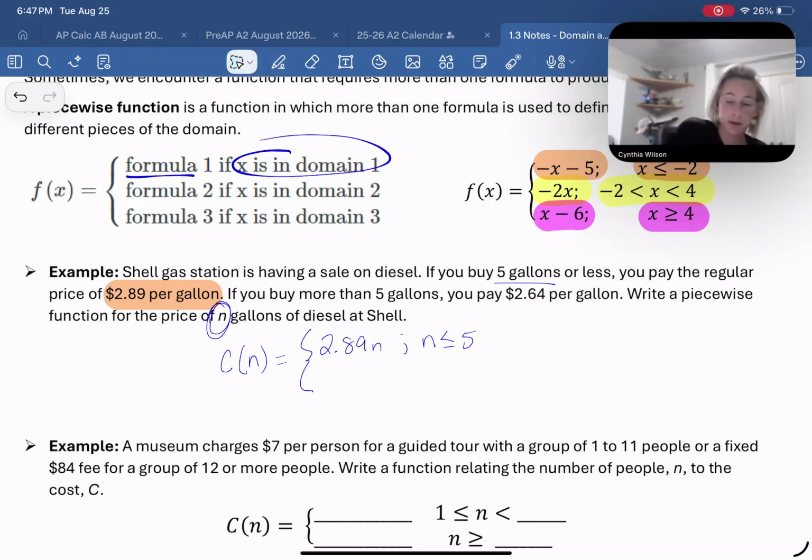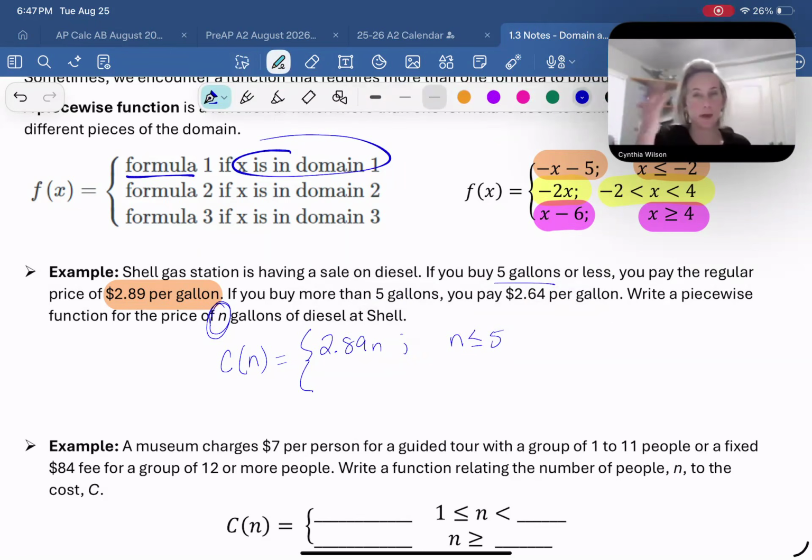And this is a weird one. You might need to give yourself a little bit more space. So remember when we were talking about how with word problems you have to think in context? This is a physical object, right? This diesel fuel exists. Can you have negative amounts of diesel fuel? Right.